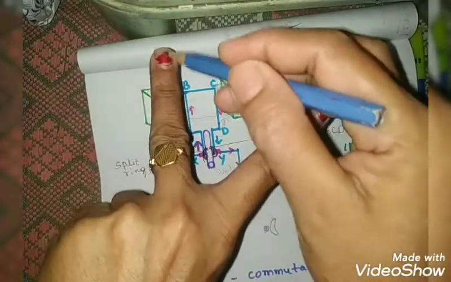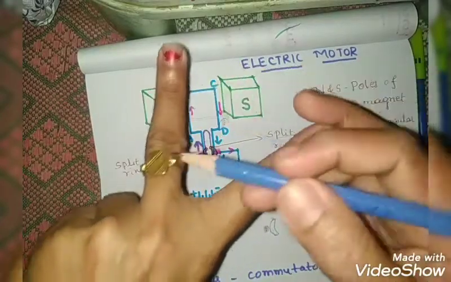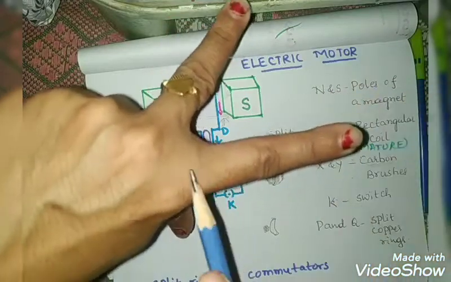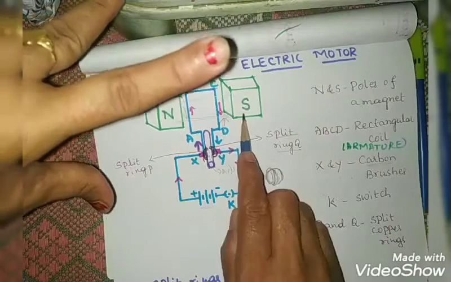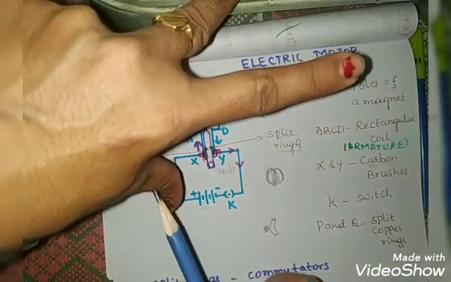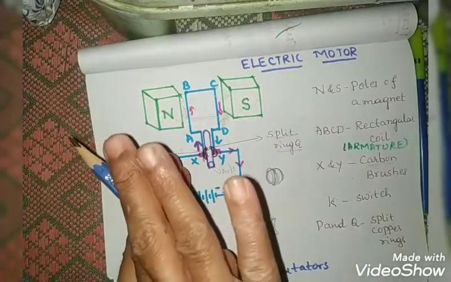In the first time telling, along AB, along the arm AB, this is the direction of the current. In the first half rotation I am telling, this is the direction of the magnetic field from north to south. You can observe north to south. What is the direction of the mechanical force? Downwards. So AB goes downwards in the first half rotation.